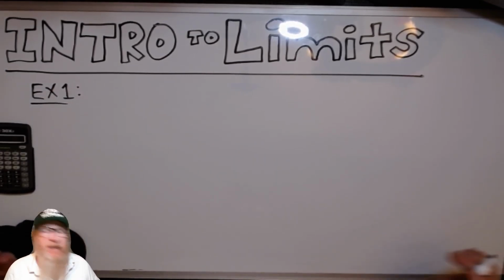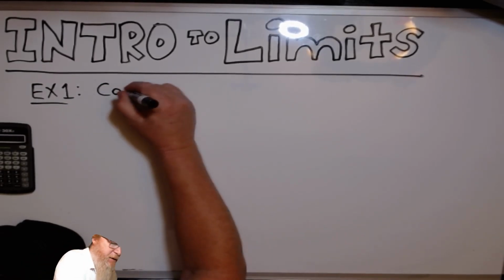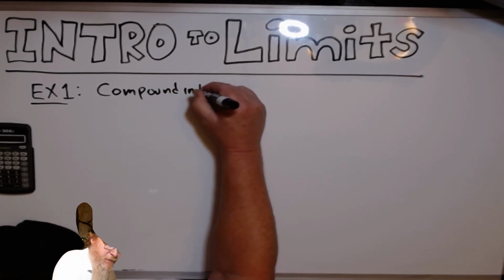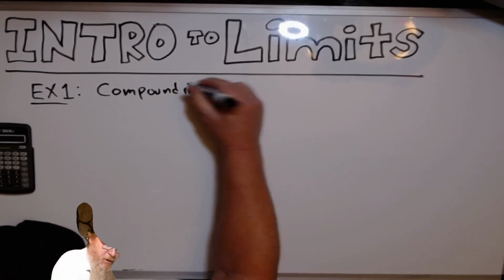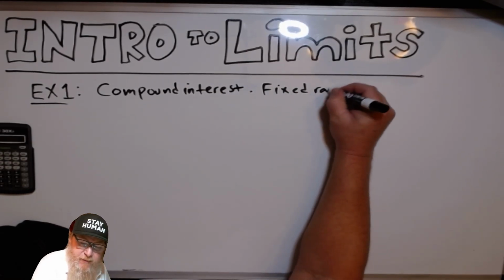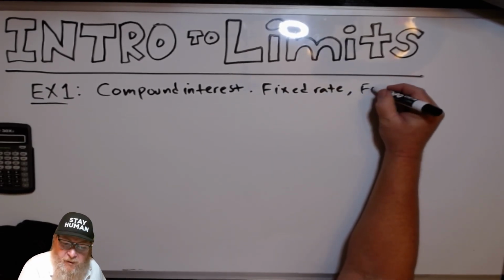So my first example is compound interest. And we're going to do what's called fixed rate, fixed term.